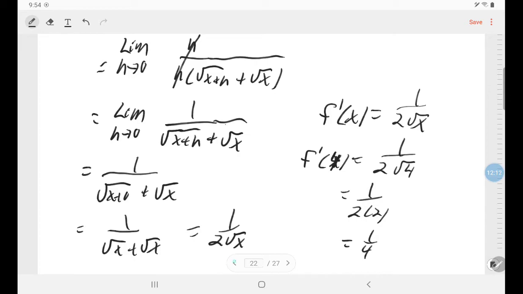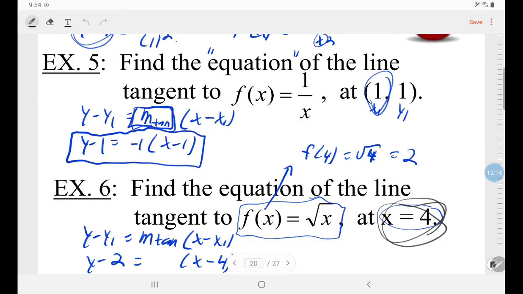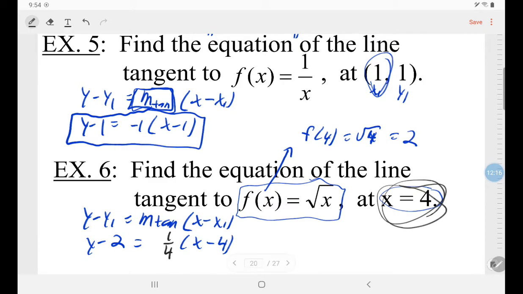And from there, we can go back, and we're done here too. It just gives you a little bit of practice on your algebra, is all.